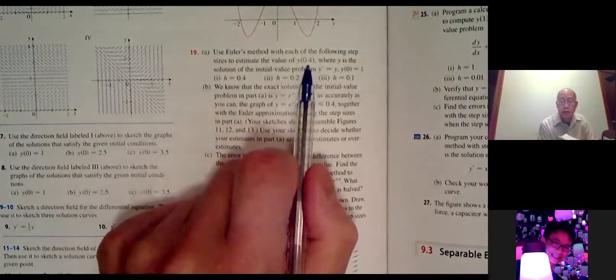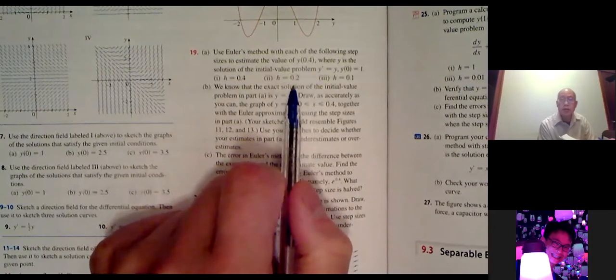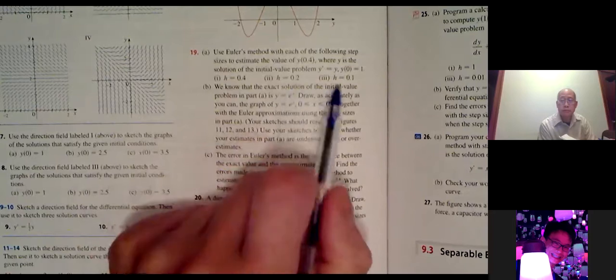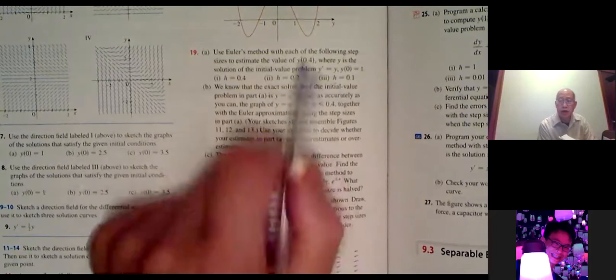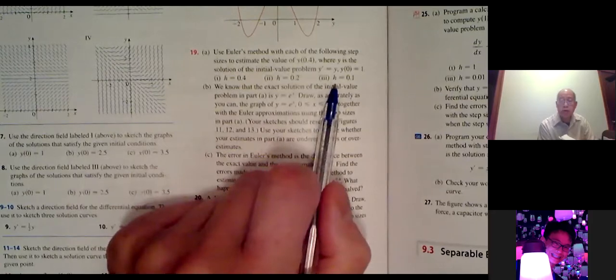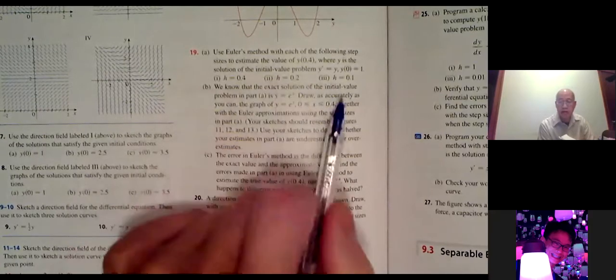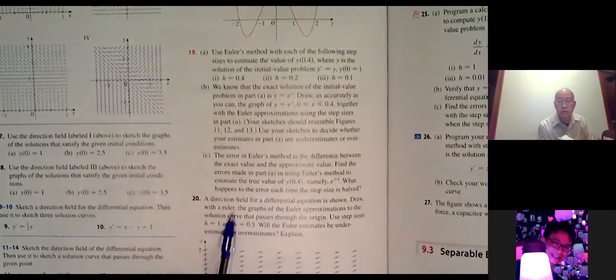So this time, how many steps am I going to take to get to 0.4? There's going to be 2 steps, a little bit more accurate. Part 3, 0.1. So my step size, my delta x is 0.1. If I'm going to go out to 0.4, I have to do it 4 times. More accurate, but as you can see, clearly there's a lot more work, right? So definitely a lot more work.